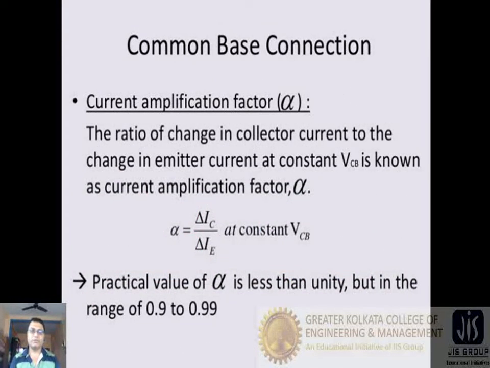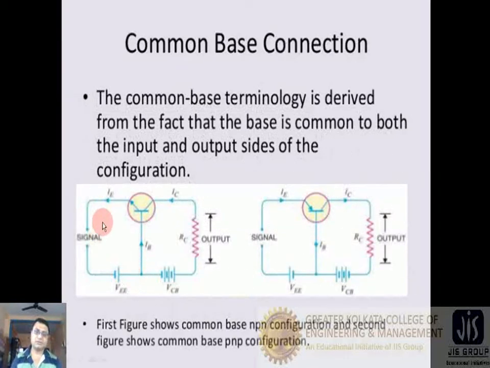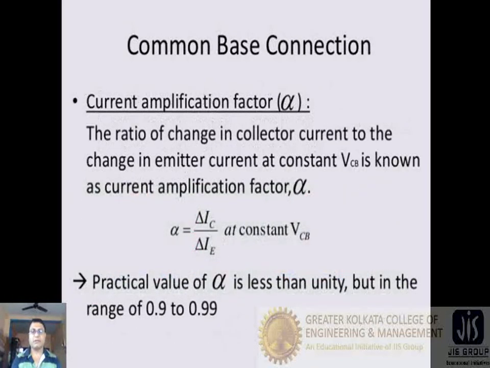In the case of common base configuration, the current amplification factor is alpha. Here IC is the collector current and IE is the emitter current, and the ratio between these two gives the current amplification factor. For the NPN transistor, the emitter current is the input current and the collector current is the output current, so output by input gives the amplification factor.